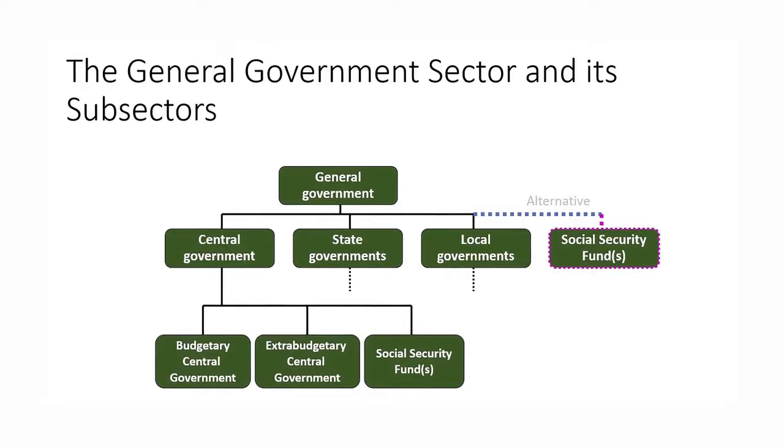Again, we have central, state and local governments. Local governments are, for instance, communities. State governments are, for instance, where different islands have separate governments, or regions have their own governments in some countries. And the central government is responsible for the whole.